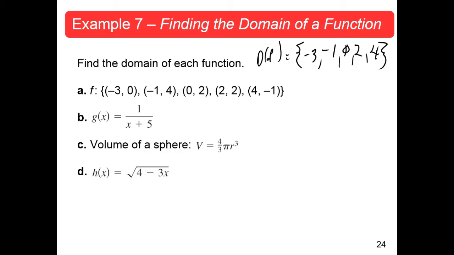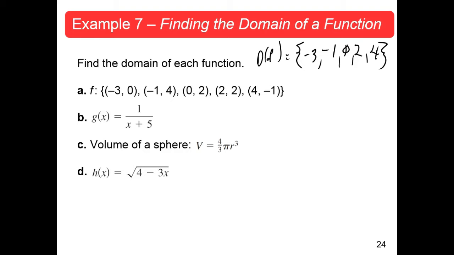How about B? What's the domain of that one? Okay, where do we usually begin? Assume all real numbers, unless two things.